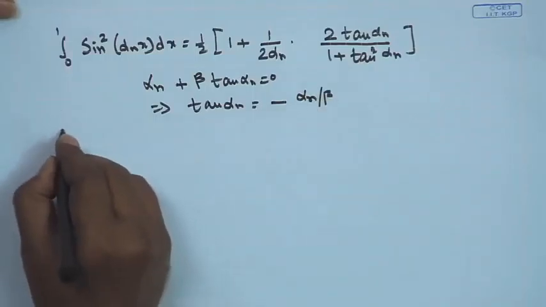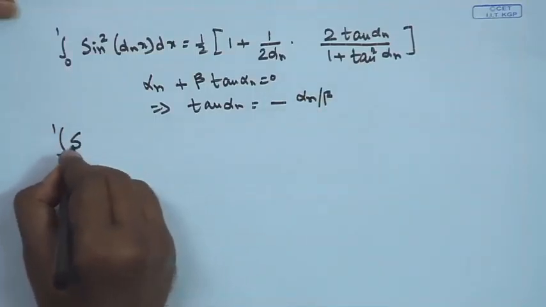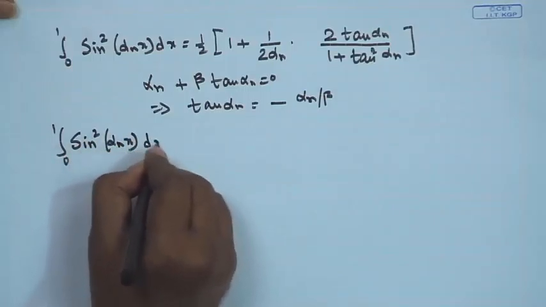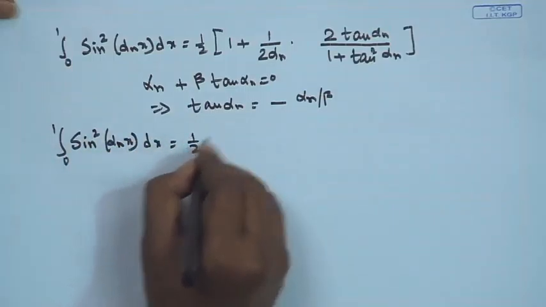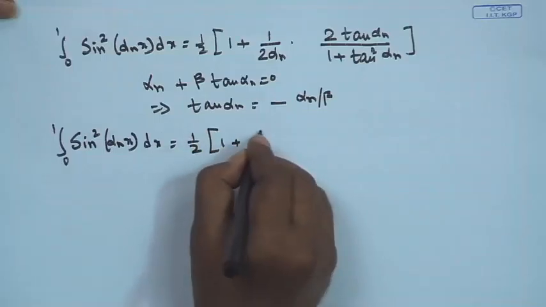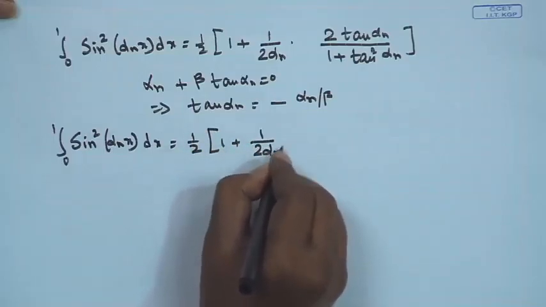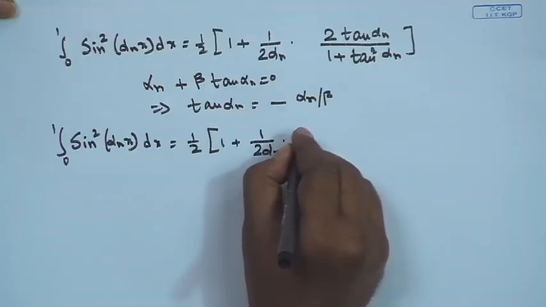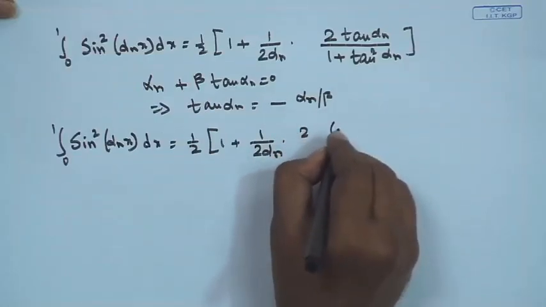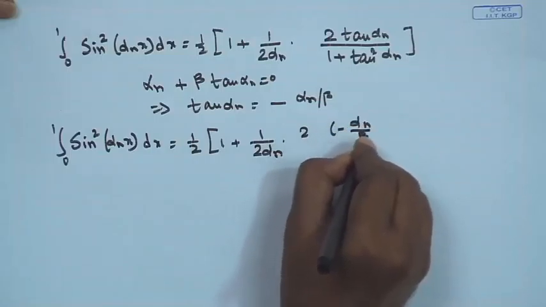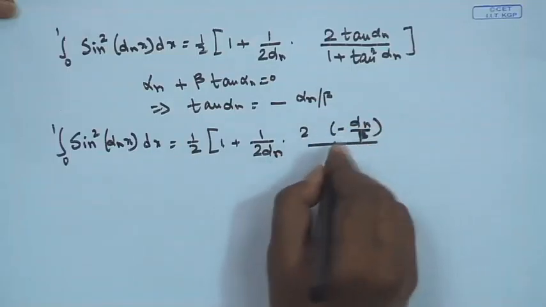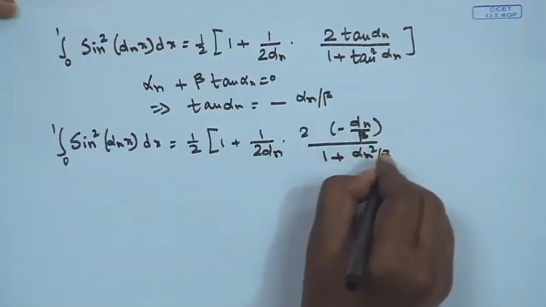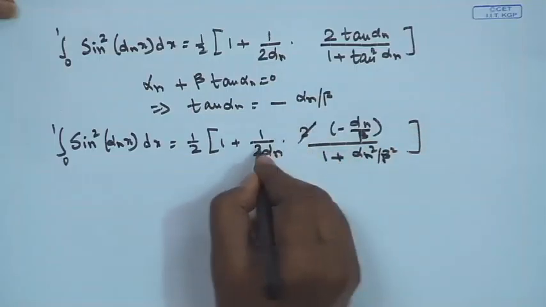If you substitute there, this denominator, the integral of sine square alpha n x dx, is equal to half of 1 plus 2 alpha n, 2 tan alpha n will be multiplied by 2, tan alpha n will be minus alpha n by beta, and this will be 1 plus alpha n square by beta square. So, 2 will be cancelling out.